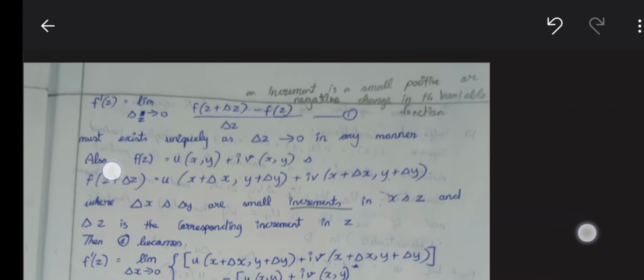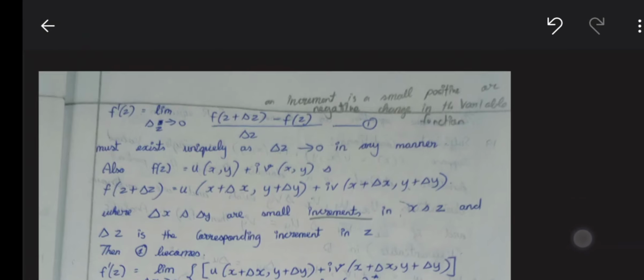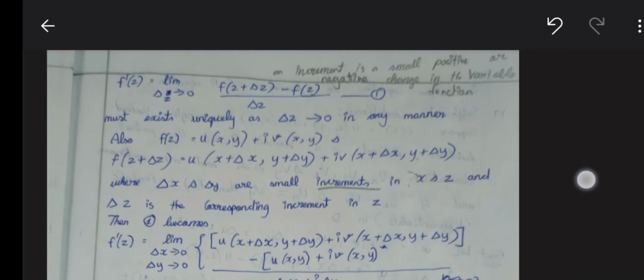Now we know this formula: f dash of z is equal to limit delta z tends to 0 of f of z plus delta z minus f of z, divided by delta z. We take it as the first equation. It must exist uniquely as delta z tends to 0 in any manner.